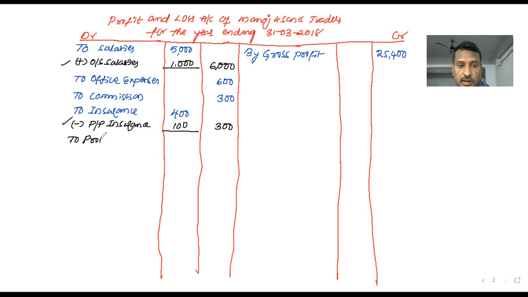To provision for doubtful debts or bad debts. Provision for bad debts means there is doubt on the debtors. We discussed this very clearly at the beginning of this chapter. What is the meaning of debtors? In these debtors, how many types are there?